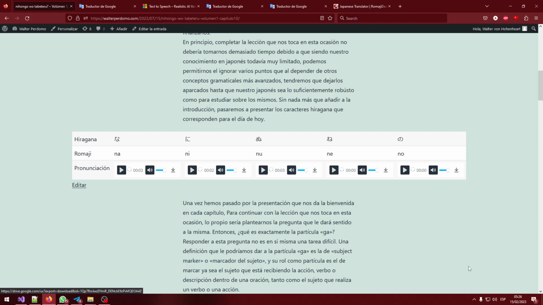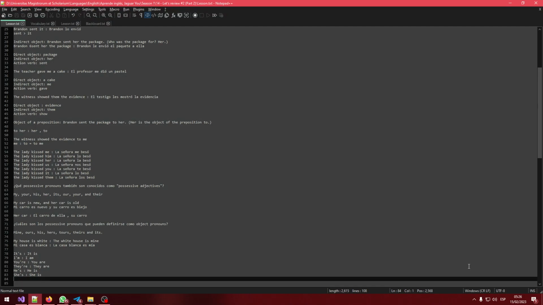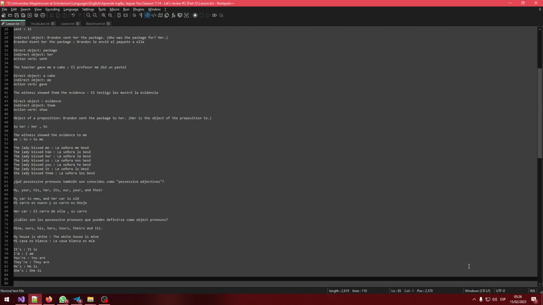Okay, so what is exactly the ga particle? I guess we could call it the subject marker. And the thing is, in a typical Japanese sentence, we have a topic that is usually marked by the particle wa.